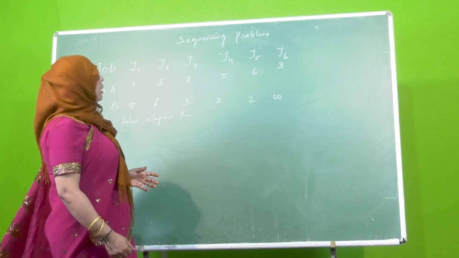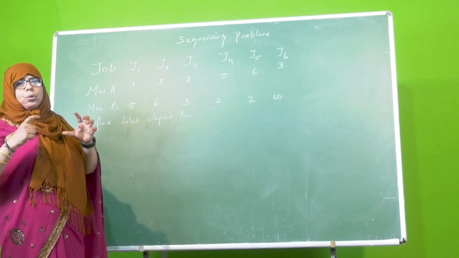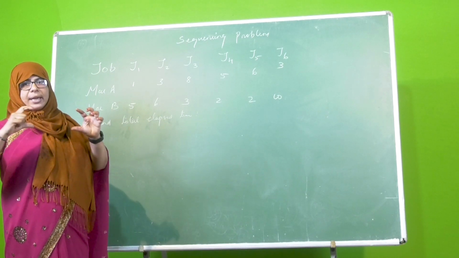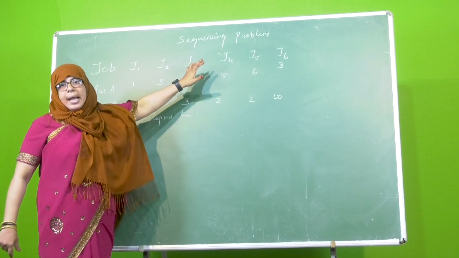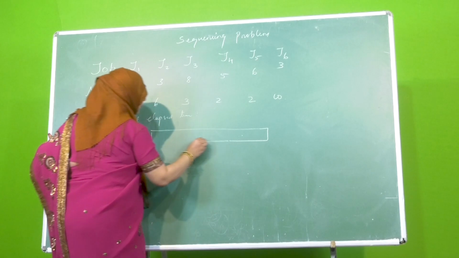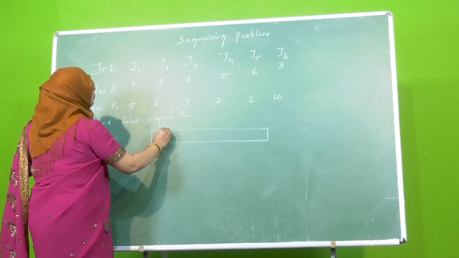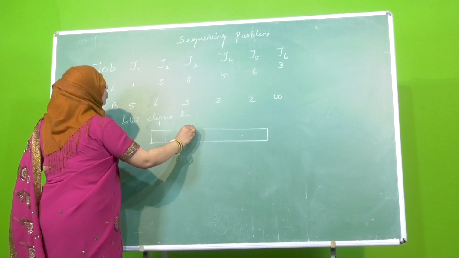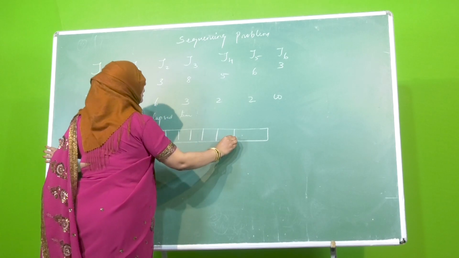First of all, we have to arrange the jobs. How many jobs are there? 6 jobs: 1, 2, 3, 4, 5 and 6.